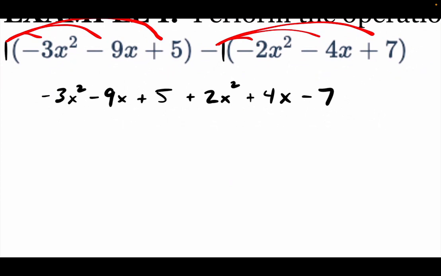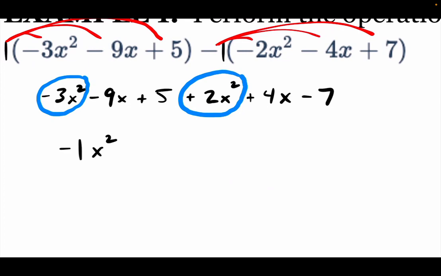Combine like terms. Okay? Well, I do have some like terms. X squared and x squared. Those are both like terms because they both have an x squared. So I add their coefficients. Negative 3 plus 2, negative 1, x squared. Done. X, negative 9x, positive 4x.